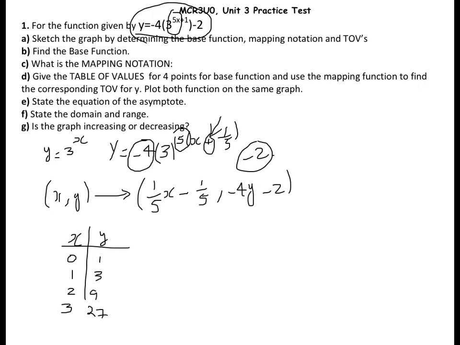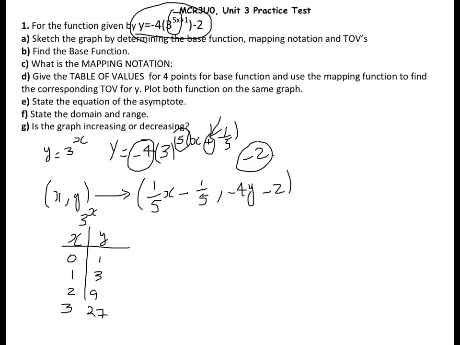For instance, if x is 0, then 3 exponent 5 times 0 plus 1 over 5 is 1 over 5 times 5 is 5, 3 exponent 1 is going to be 3. Oh, I'm sorry, this is the base function that we are doing right now. If x is 0, then 3 exponent 0 is 1. If x is 1, 3 exponent 1 is 3, and so forth, 3 exponent 2 and 3 exponent 3.